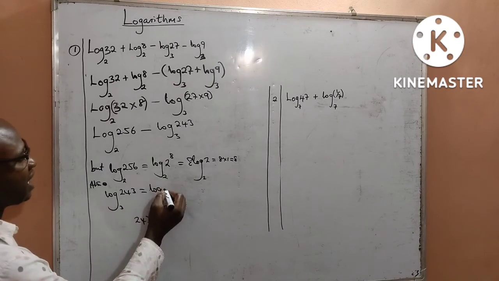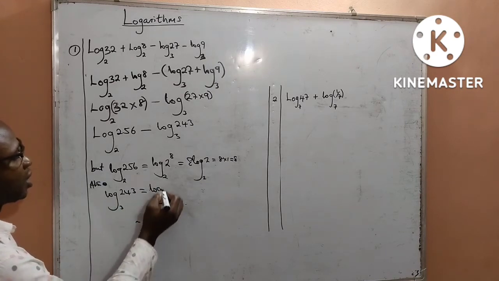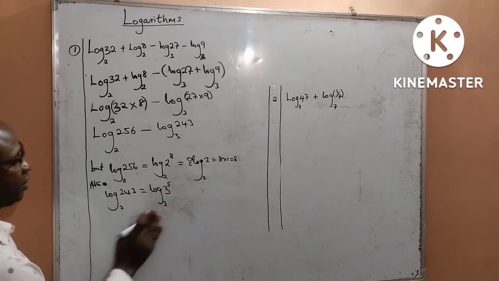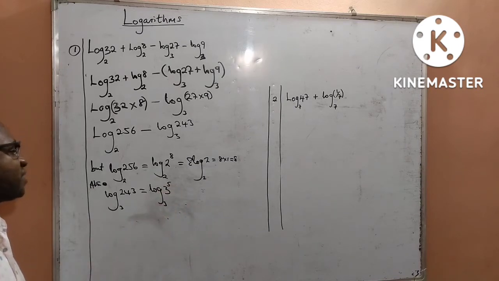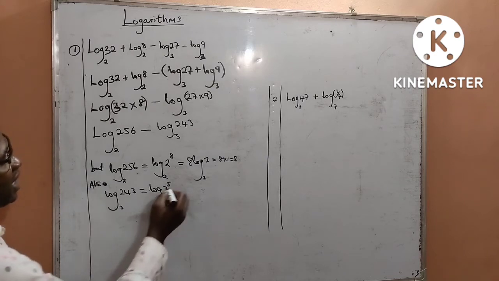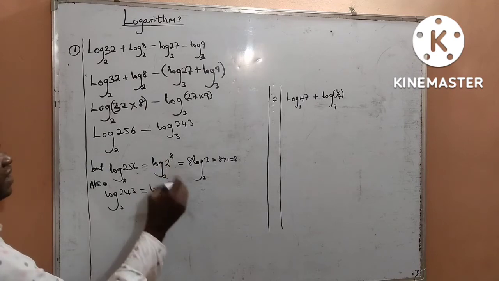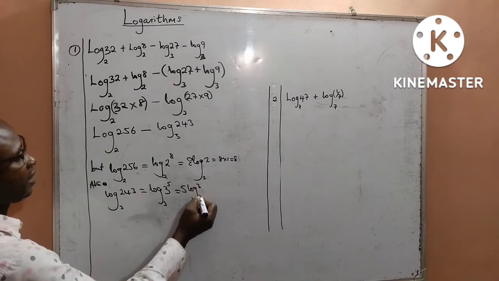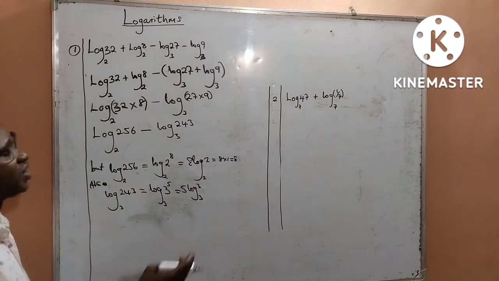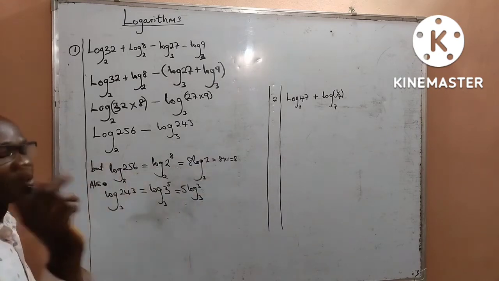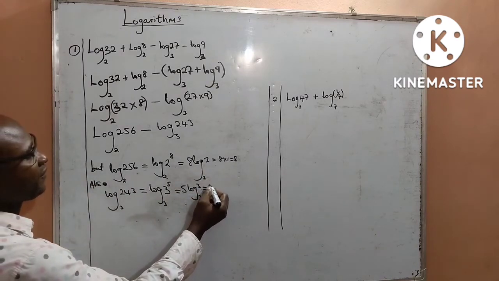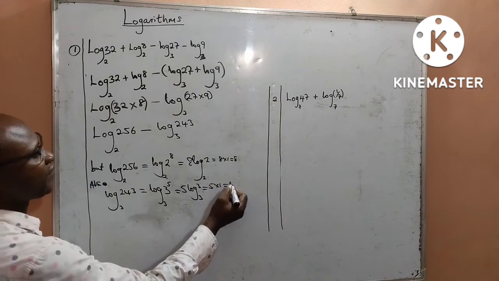So I can write log of 3 raised to the power 5 to base 3. Beautiful. I have expressed it as a power function, so I can apply what I did before. The 5 coming to the front gives me 5 log 3 base 3, which is 1, so that is 5 multiplied by 1, equal to 5.